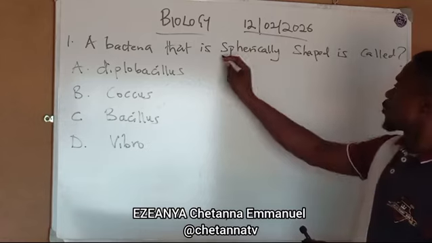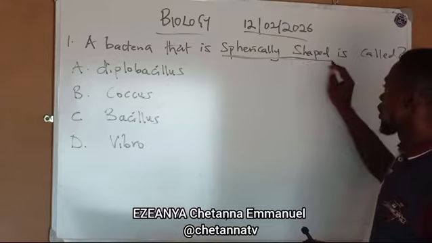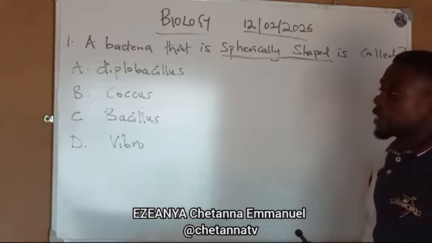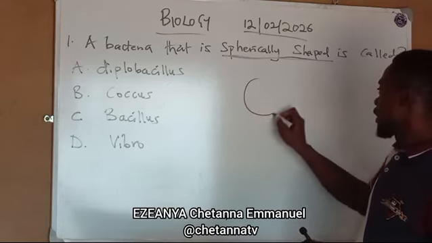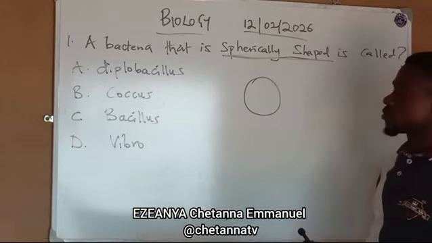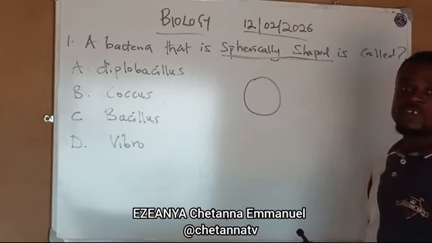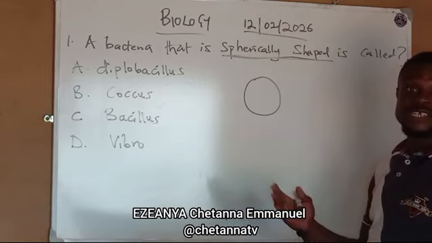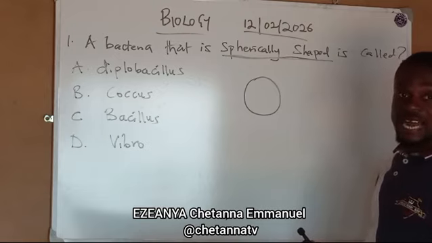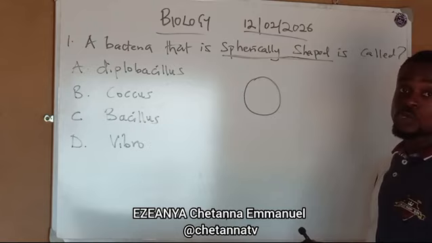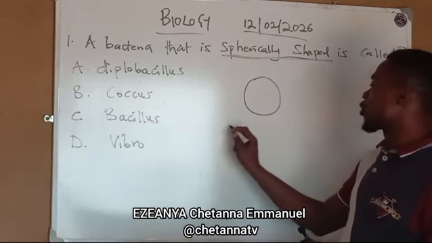All right, the key word here is what? Spherically shaped. So they're talking about bacteria that are spherical in shape. Bacteria have different shapes, and the bacteria that have a spherical shape are called coccus for singular, then cocci for plural.